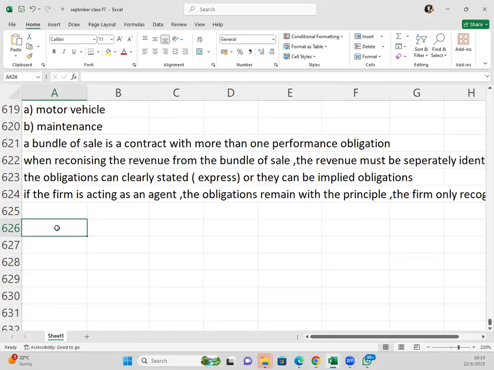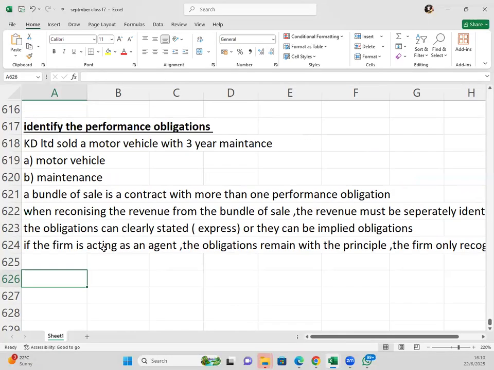So let's move on. So we are saying in a sale transaction, there can be more than one obligation. So you can be required to perform more than one obligation. So maybe let's have an example to demonstrate a bundle of sale.